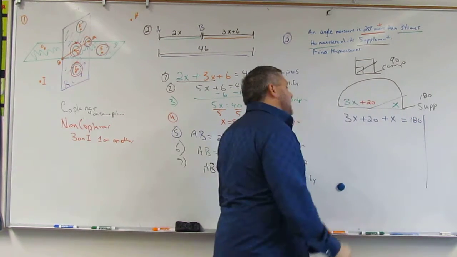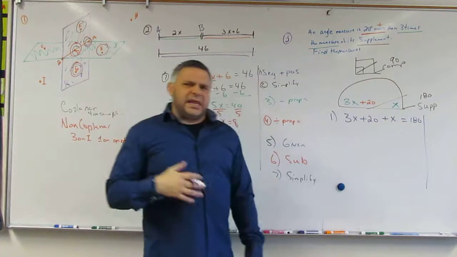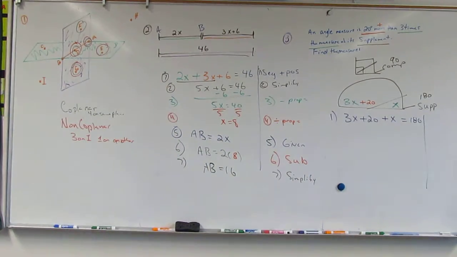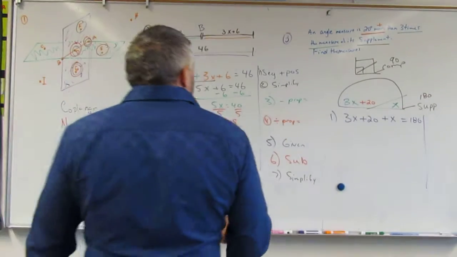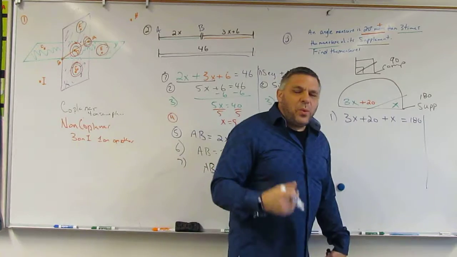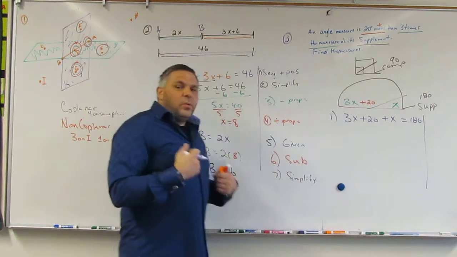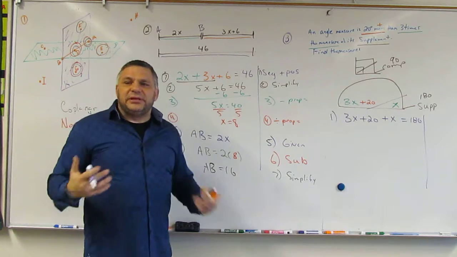And what lets me say that? Did they give me that, or did I come up with it? I had to come up with it, right? So how did I come up with it? What's the main thing that I used to get this?